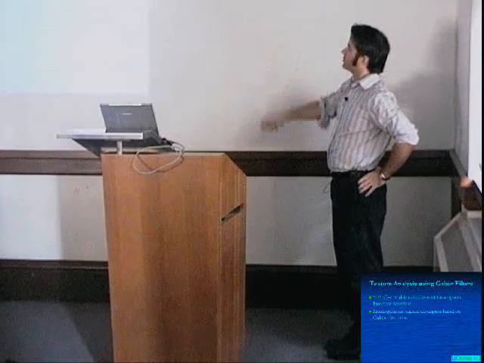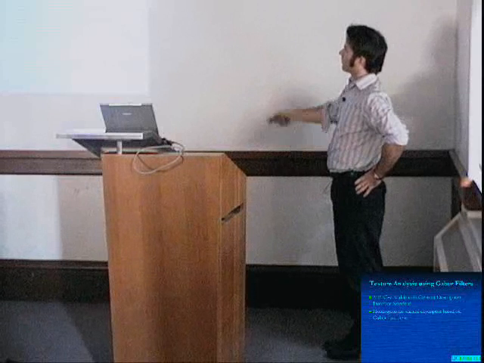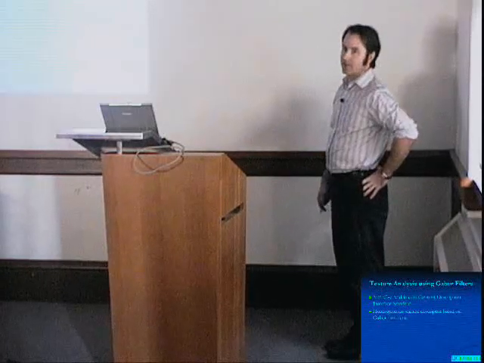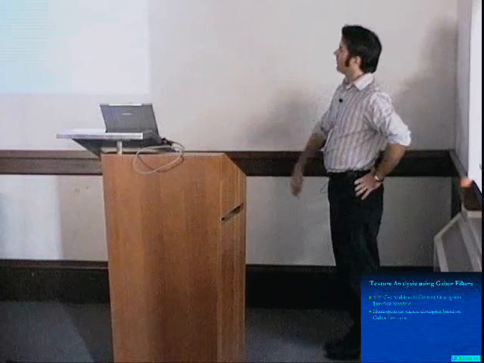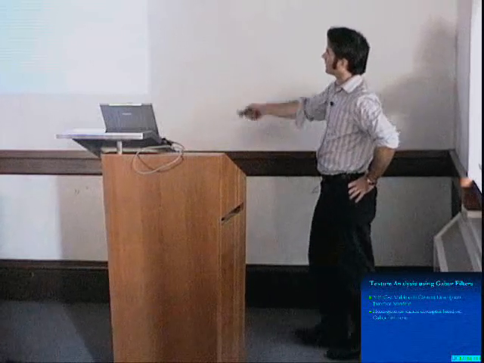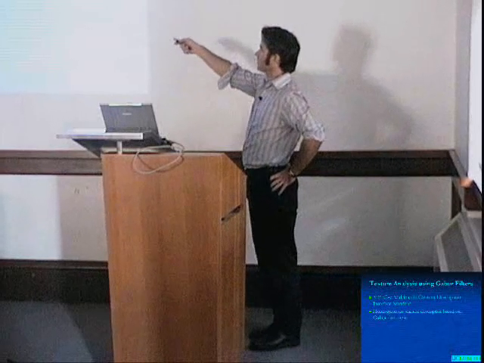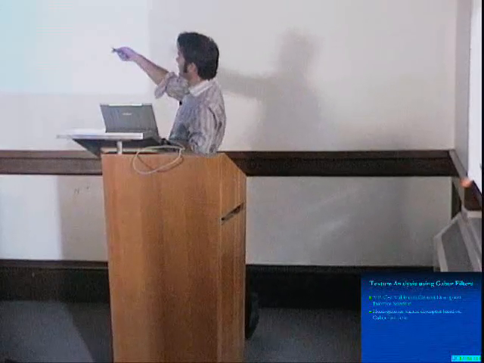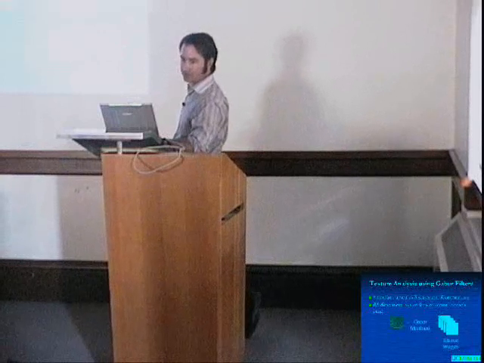This approach to texture analysis based on Gabor filters was accepted into the standard through a competitive phase. There's something called the homogeneous texture descriptor, which is very similar to what I'm describing today, and which has been standardized by MPEG-7.